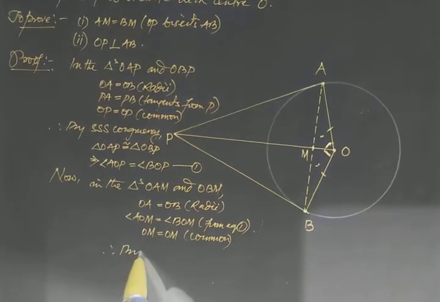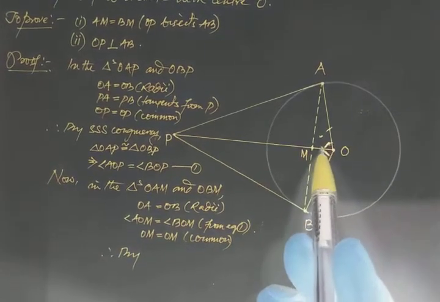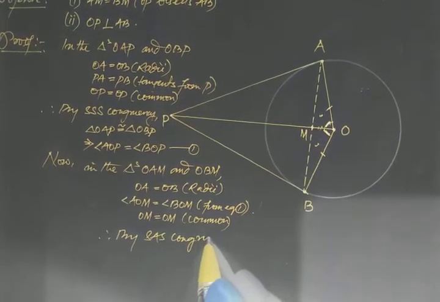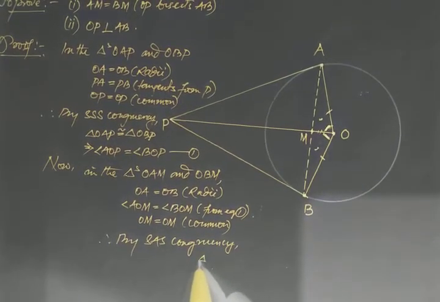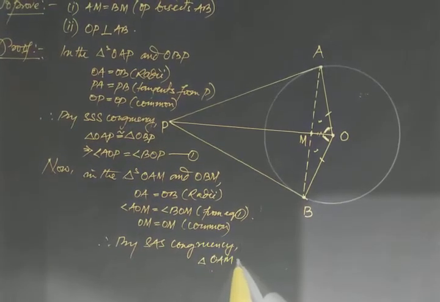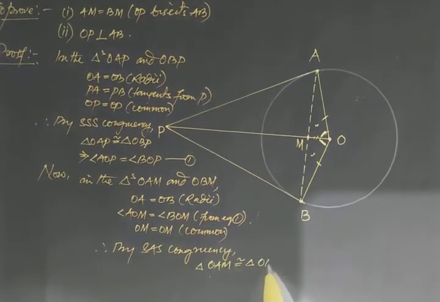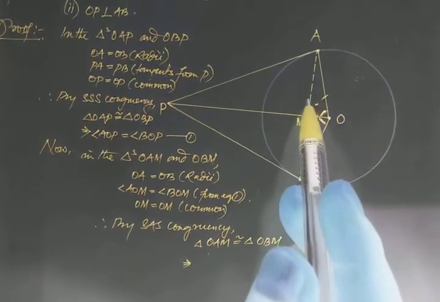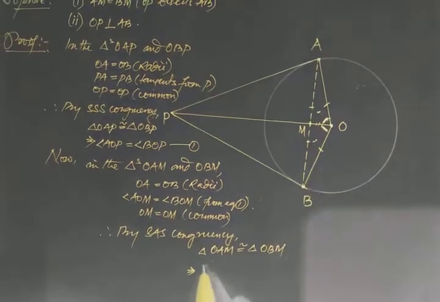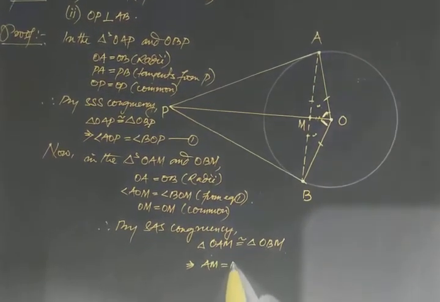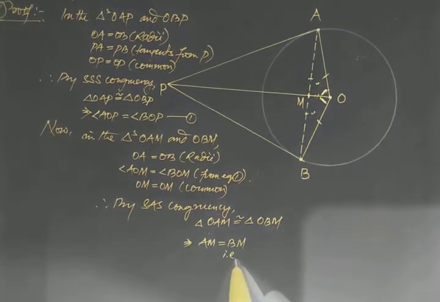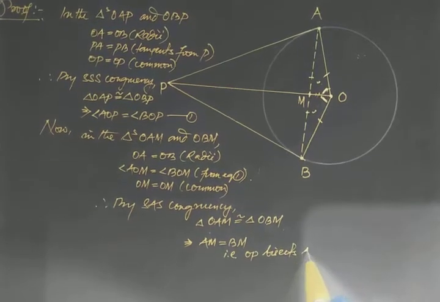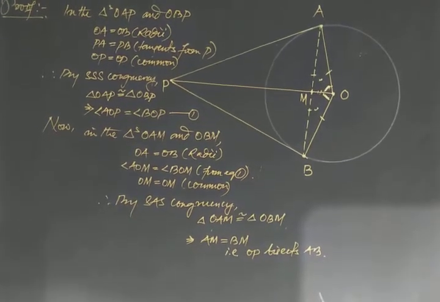Therefore, by side angle side congruency, SAS congruency, triangle OAM is congruent to triangle OBM. Now if these two triangles are congruent, AM will be equal to BM, that is OP bisects AB. That is the first part of the proof.